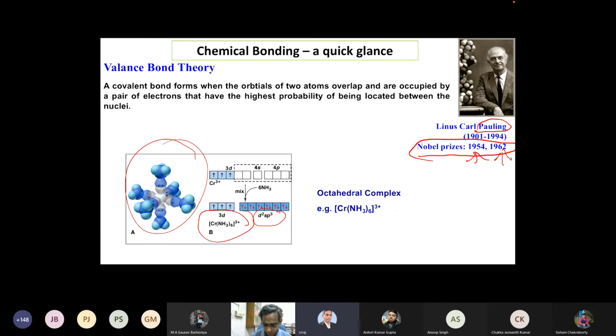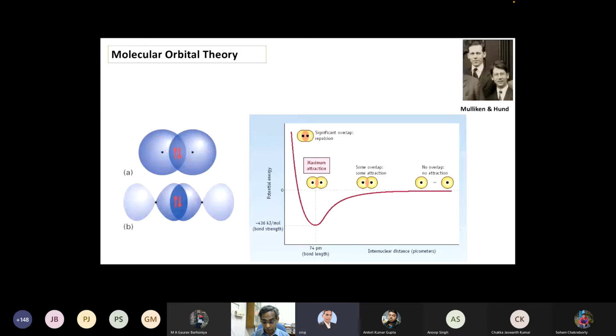At the end of the day, you will be able to explain to some extent the bonding in some of the compounds or complexes. But one important thing to know is that valence bond theory cannot explain the bonding in inorganic complexes.